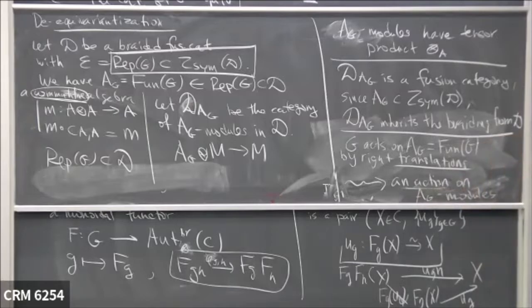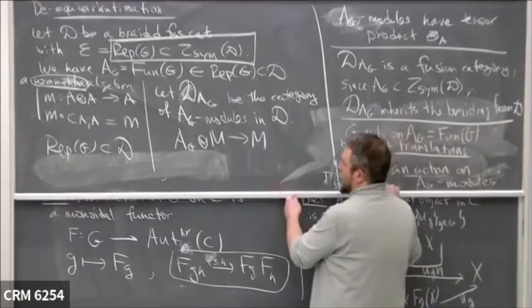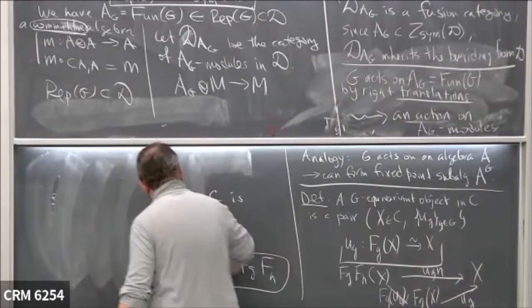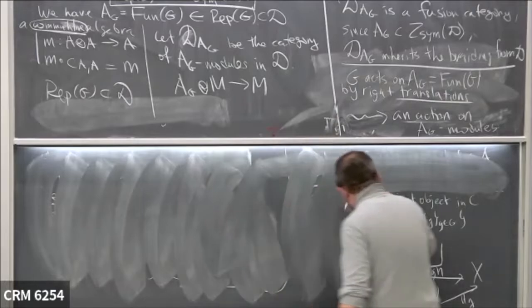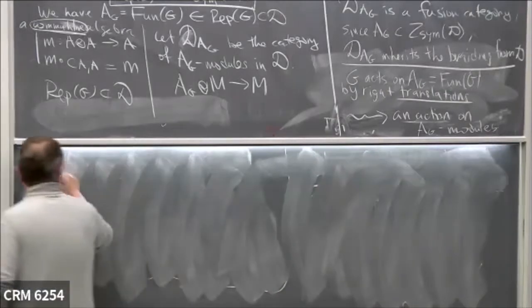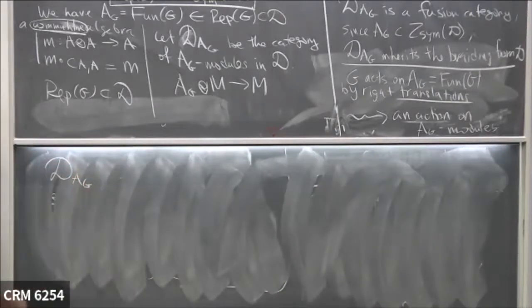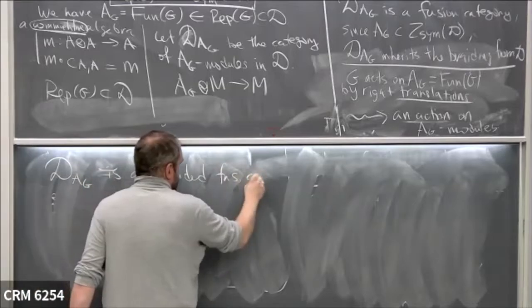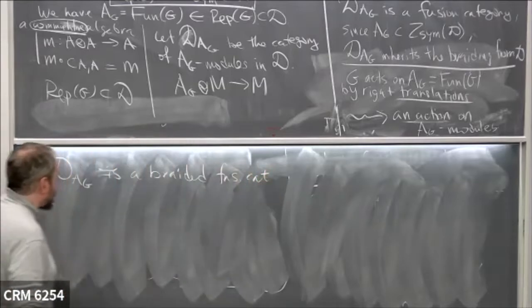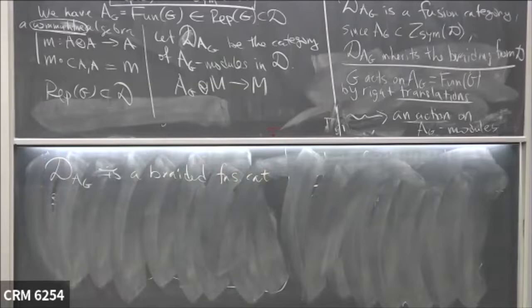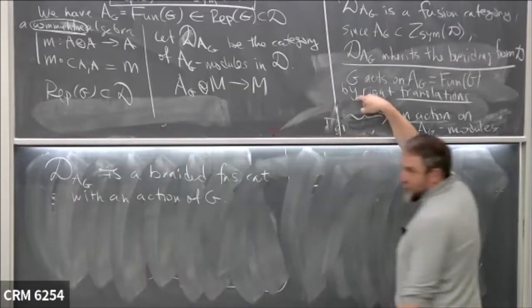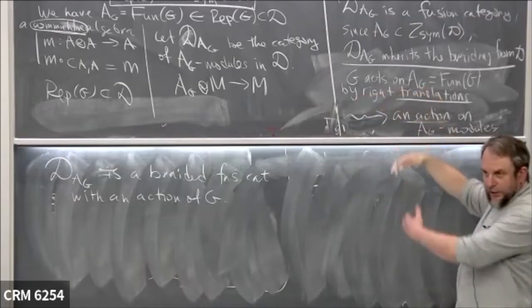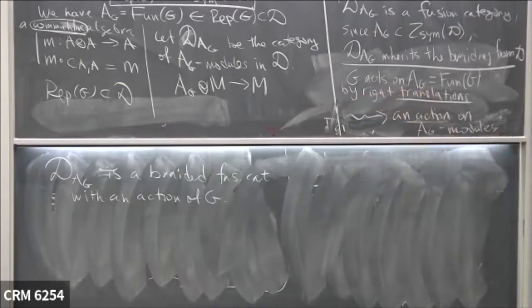Okay, and so what did we construct at the end of the day? We constructed this category D sub AG, and what kind of category is that? It's a braided fusion category with an action of G. I just explained where this action comes from: it acts on an algebra, and so you have an action on modules over this algebra.